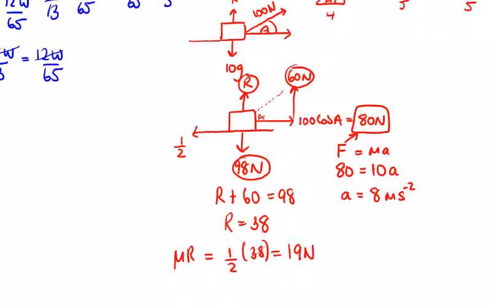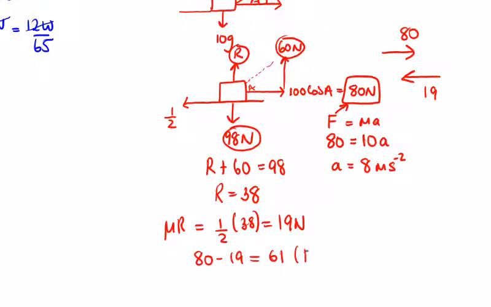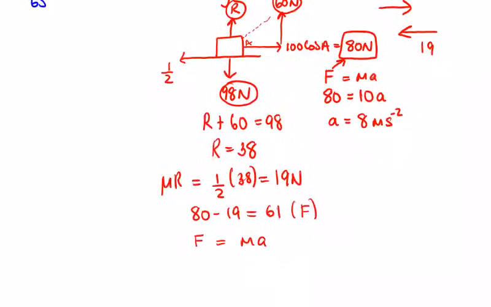So my resultant force is going to be the 80 going in that direction, and now we have something restricting us, 19 in that direction. So 80 minus 19 is 61. That's my F. My resultant force is mass times acceleration. So 61 this time is the mass, which we had to be 10, times acceleration. So acceleration in this second part is 6.1 meters per second squared.